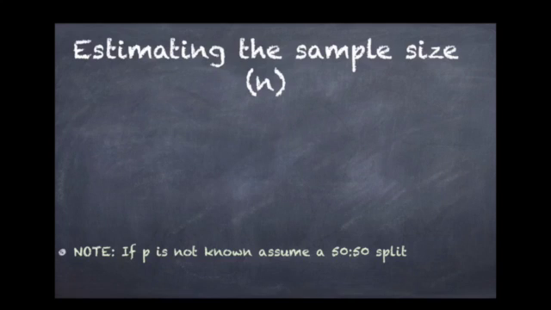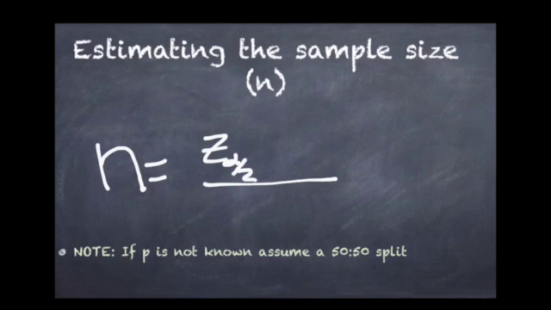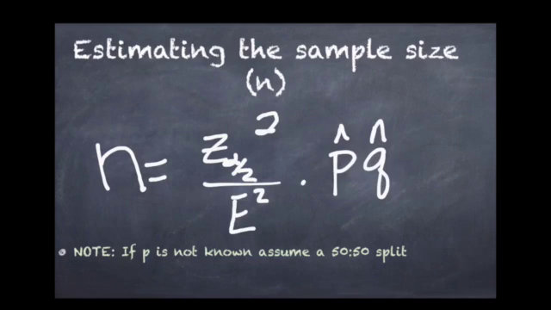Now, if we need to estimate the sample size, finding the n is much easier than doing the rest of it. What you're going to do there is take your z of alpha over 2, square it, multiply that by the p hat q hat, and then divide that by the error squared.